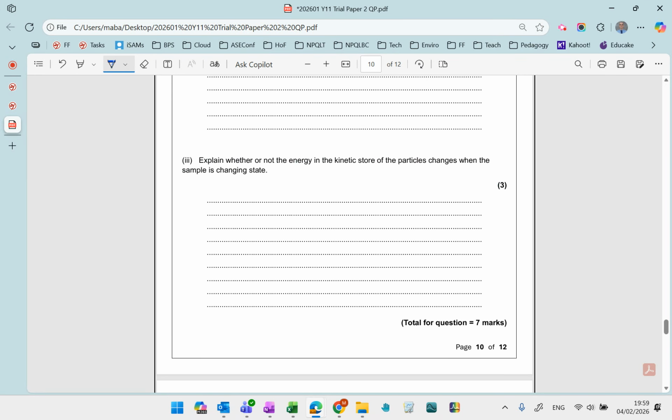Now you might remember a 3-mark question about this from paper 1, and it was that the Kelvin temperature is directly proportional to the average kinetic energy of the particles. So that means because the temperature does not change in a change of state, then that must mean that the kinetic energy does not change during a change of state, which is quite difficult to get your head around really when you think about it, isn't it?